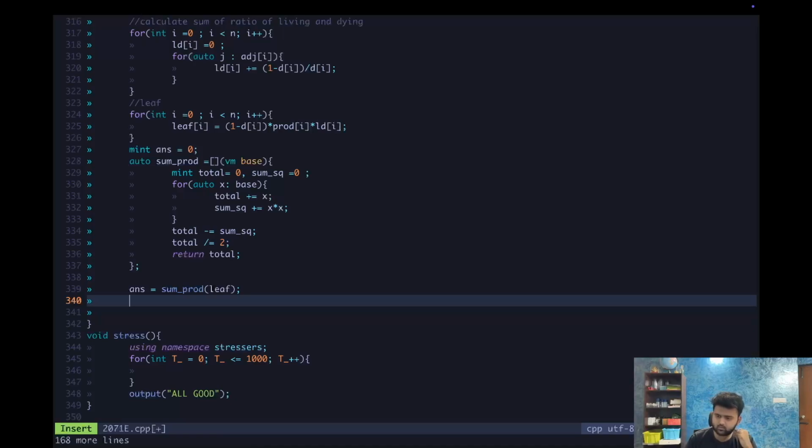Now for the cases, first we'll handle the easiest case, which is when they have a distance equal to 1.